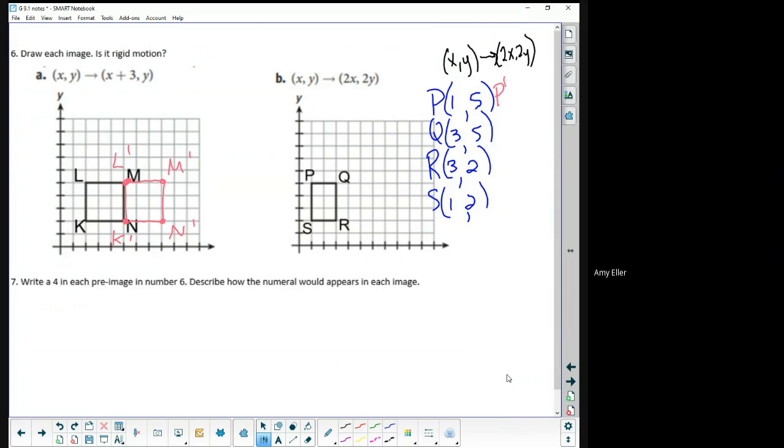Now let's apply that rule to every point. Please do not make this difficult. It is really easy. All you have to do is take your x and follow what it says. What does it say? Times 2. Take your y. What does it say? Times 2. So let's do that.